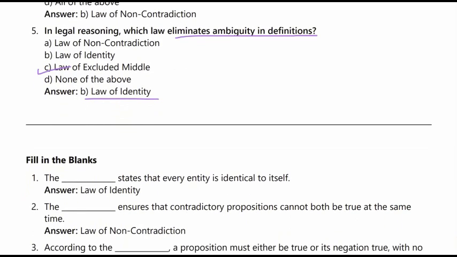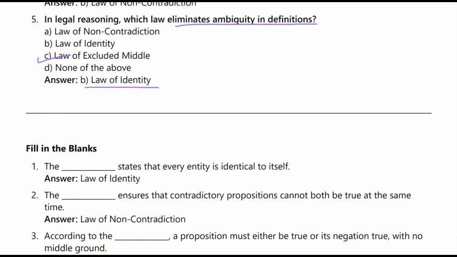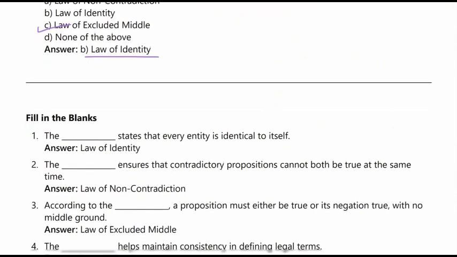So this is the law of non-contradiction. According to the dash, a proposition must either be true or its negation true with no middle ground. So that is the law of excluded middle.